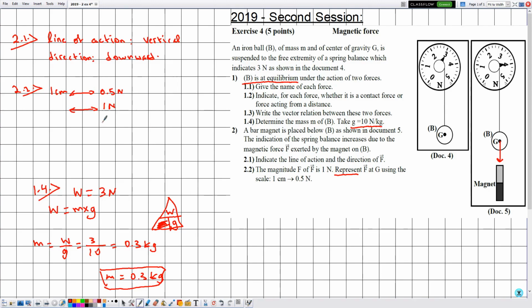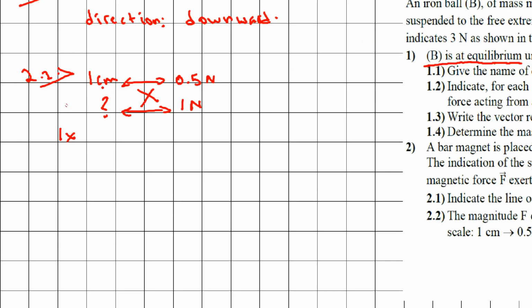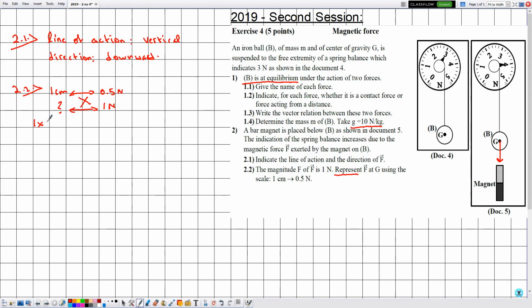In order to represent the vector F, we need to determine its length, because the ruler is graduated in centimeters and not in newtons. So if we crisscross, 1 newton multiplied by 1 centimeter divided by 0.5 newton gives us 2 centimeters. Then the length of the vector F is 2 centimeters.